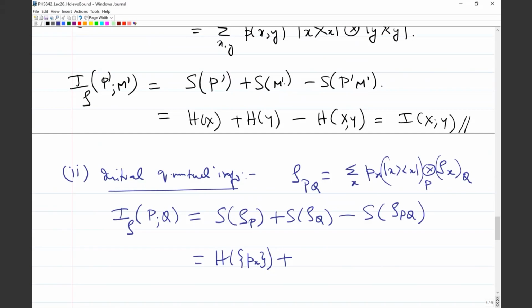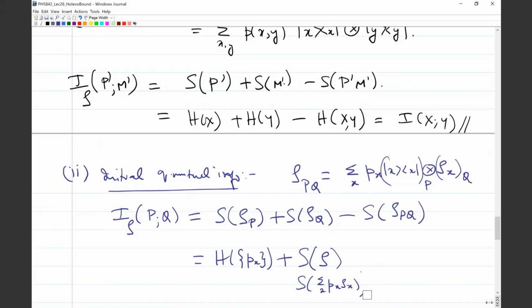What happens when you trace out P? What is S of rho Q? So you're saying it's S of rho itself, meaning S of the sum over X, Px, rho X. Correct. Good. So this is S of rho itself. Remember, rho is the sum over X, Px, rho X.